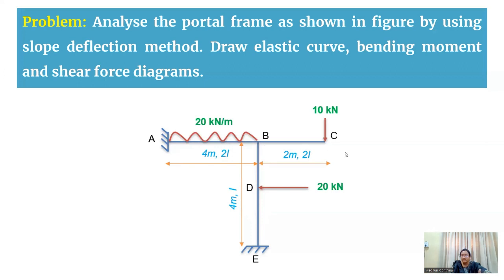In this case also, there is no lateral load acting towards the right side, so there is no sway for the other side of the frame. Here on this side, we have a lateral load, but the A support is restrained, so the sway condition has been avoided. I mean, the sway condition is not there.